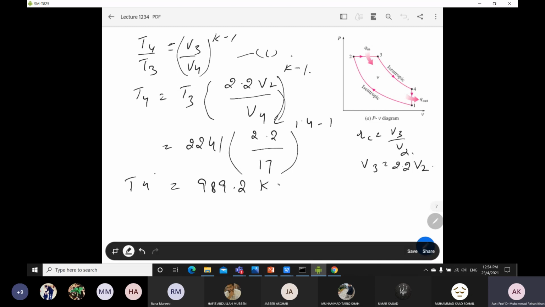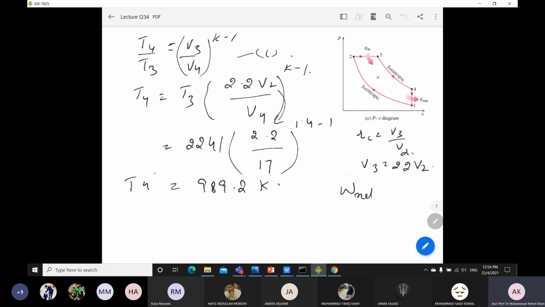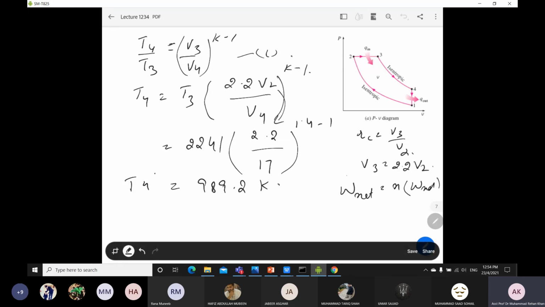Okay, so in the initial stage of this problem I mentioned that your power is equal to the number of revolutions into W net. Okay, so this W net is in kilojoules. In the previous example we had to find it in kilojoules per kg, so it means that we have to find the mass of the working fluid as well.